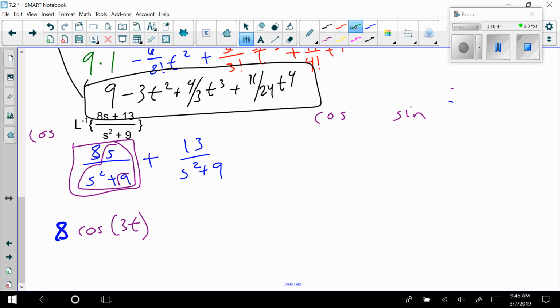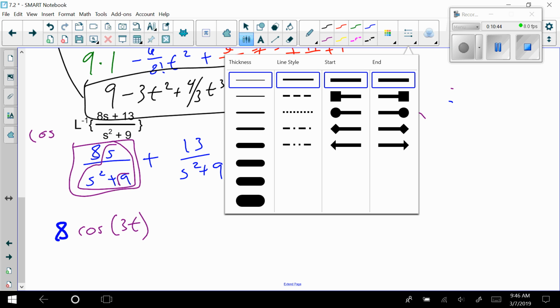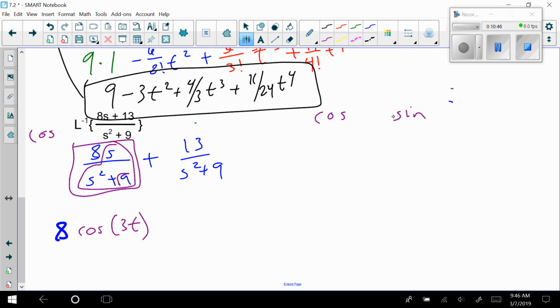All right, then looking at the next one, we're thinking here with sine. Same type of thing. The square root of that is 3t. I know that's going to be true, but up top, I should have also had that 3. I don't see the 3 up top. I see 13.